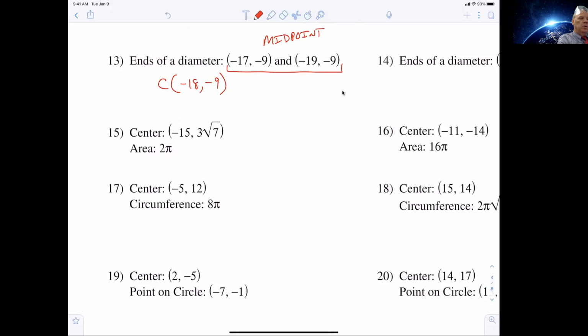Go. X plus 18 plus, good, equals r squared. Now, we don't know what r squared is, all right? But you can say from negative 17, negative 9 to negative 18, negative 9, I just went what?